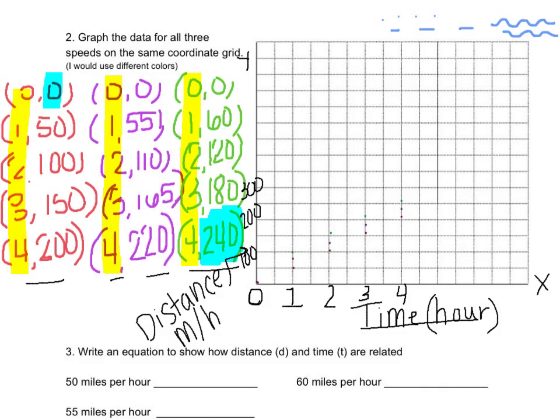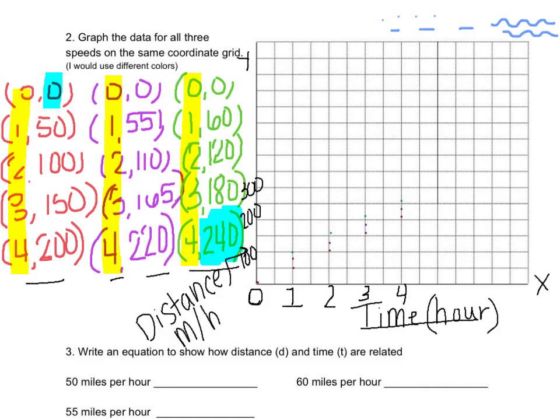So my dots are really close and not even graphed 100% accurately. But what you can see is that the red, the purple, and the green, they are following a line because they're graphed in a line.